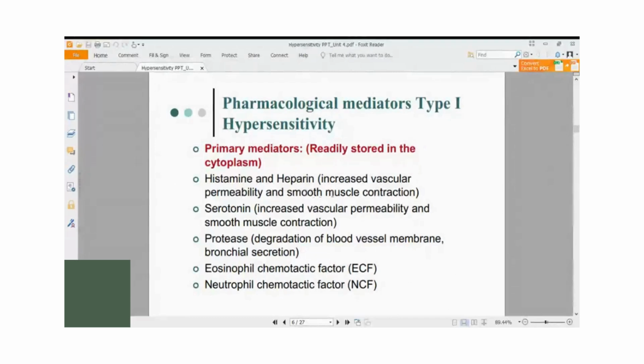Imagine the smooth muscle lining of the intestine undergoes contraction, means there will be spasm in the intestine, and that muscular spasm in the intestine gives you severe pain. Intestinal area will have severe pain because of the smooth muscle contraction or spasm. That could be due to the allergen of food origin, which has caused the mast cells in the intestinal area to release those pharmacological mediators there.